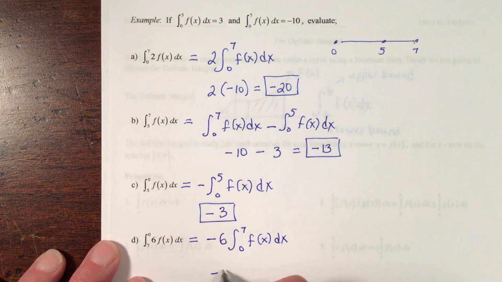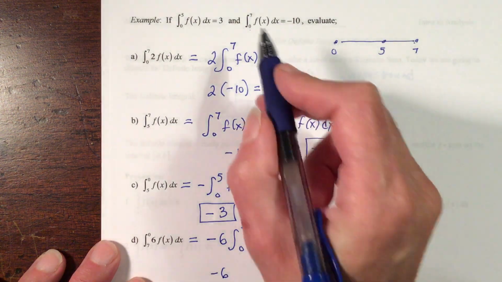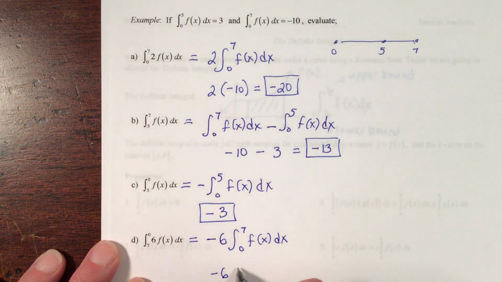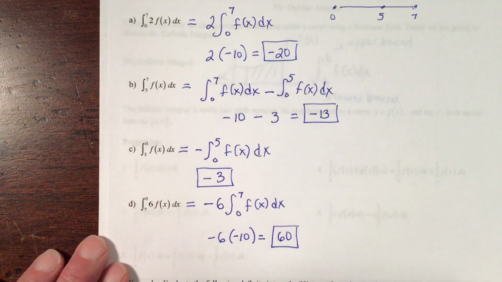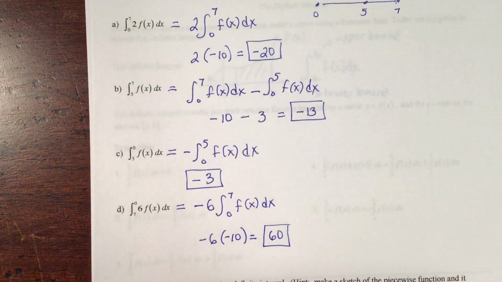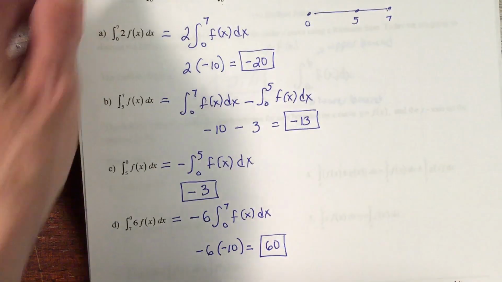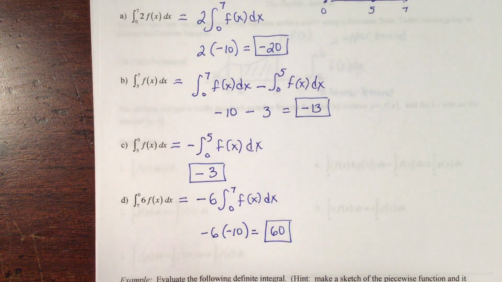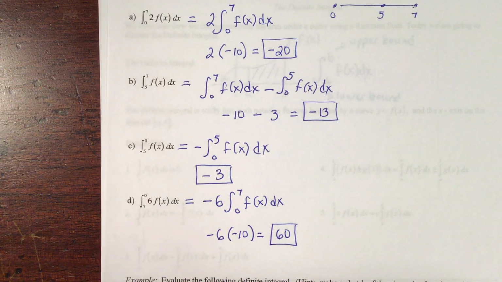So this will be negative 6. The integral from 0 to 7 is given, and it's negative 10. And you do a little math, and there's your overall answer. So I hope you see that even though calculus may look a little bit scary, there's a lot of topics in it that are quite easy and kind of fun to do.